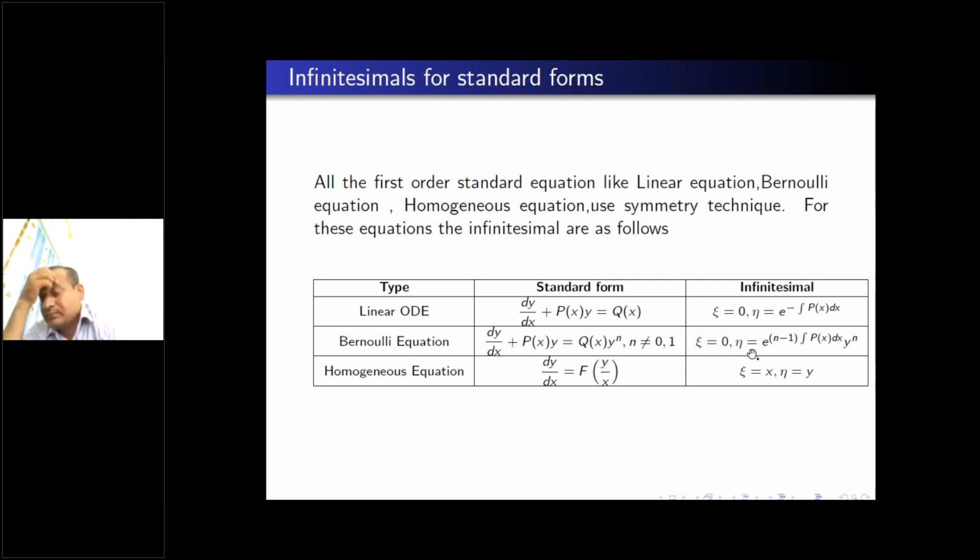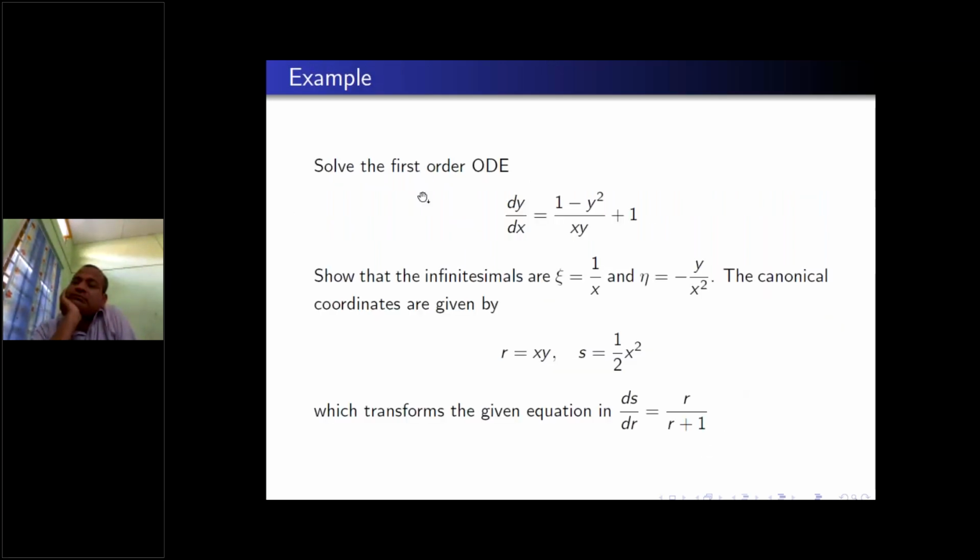For Bernoulli equation, xi is equal to 0, eta is equal to e to the power (n minus 1) integral of p(x) dx into y^n. And for homogeneous equation, xi is equal to x and eta is equal to y.